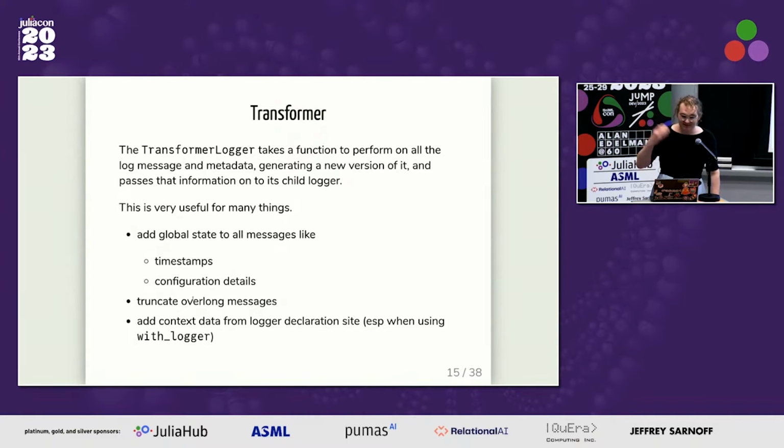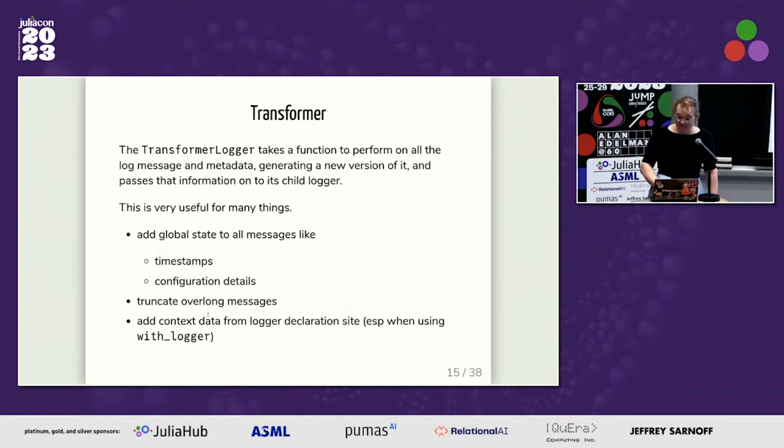I might want to set some configuration details so that if the operations person wants to know which of our systems is throwing this, every single log message might have the system name in it, which is good for debugging things fast, even if it is rather redundant. We might want to truncate overlong messages if it's just something spamming you with messages too long, but you don't want to completely discard them. It's a bit hacky, I guess, because you are losing information, which is a bit of a worry.